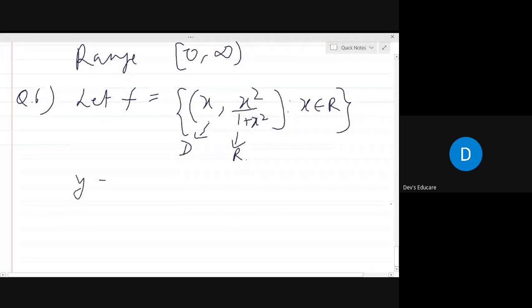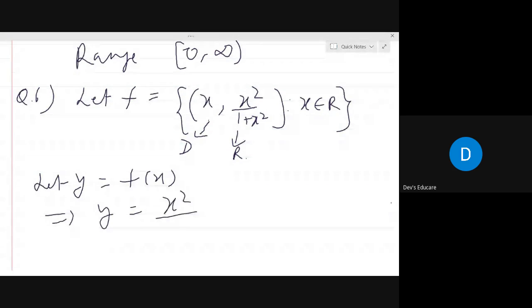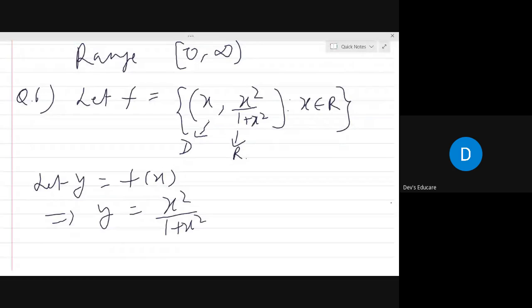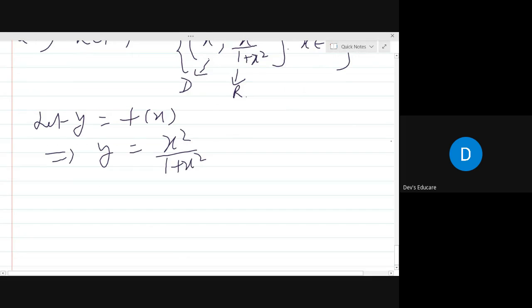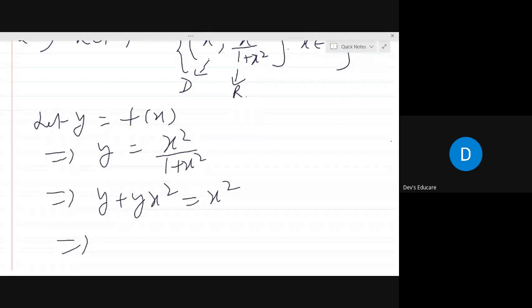Let y = f(x). That means y = x²/(1 + x²). Cross multiplying, y + yx² = x². What we do is take y = f(x) and then write x in terms of y.